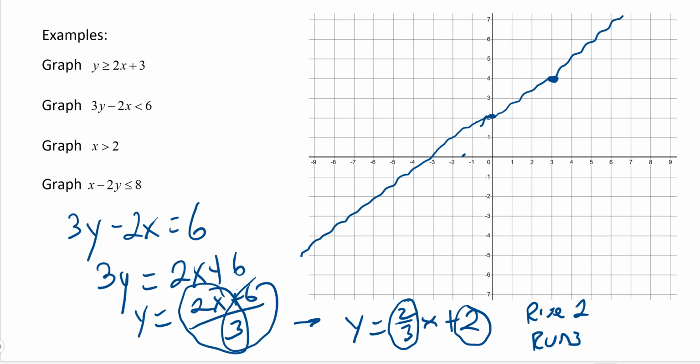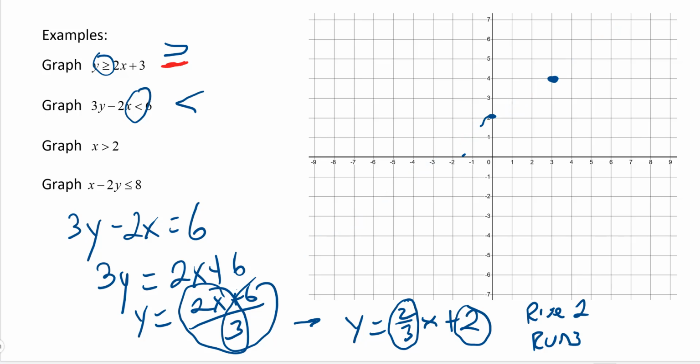Now, before we go to the next step, notice on the previous equation I had greater than or equal to. There is an equals part of that. Notice on this problem I have less than, but I do not have an equals on it. When you do not have an equals, you do not actually draw the solid line itself.